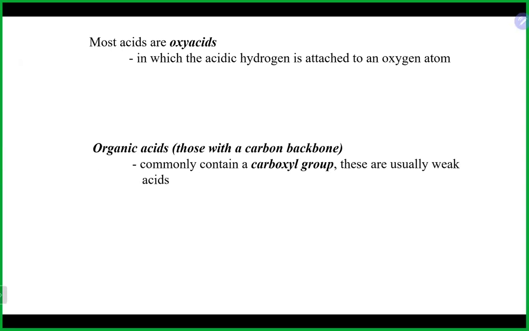Now, sometimes acids are referred to as being oxyacids, which is basically just a way to say you have an oxygen involved, and they usually have a polyatomic ion involved. So nitric acid is an oxyacid. I think we drew nitric acid along the way when we were doing some Lewis structures.